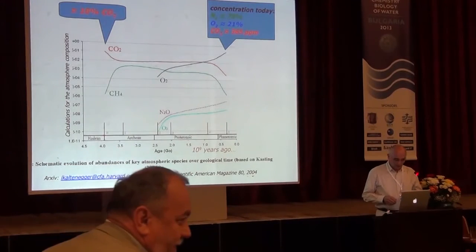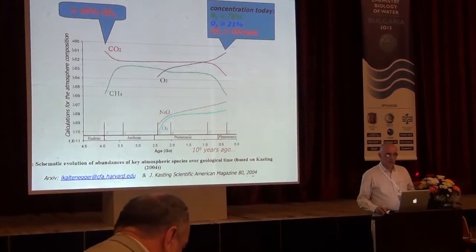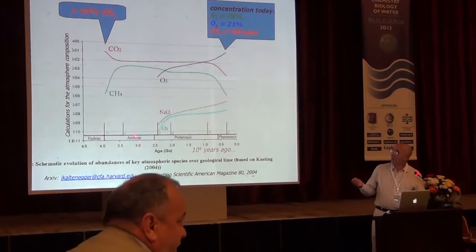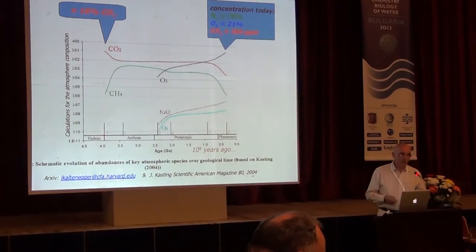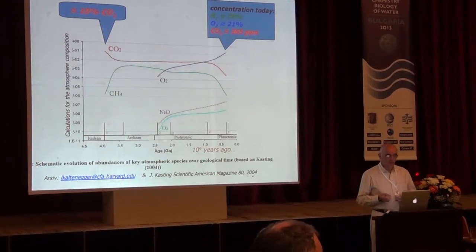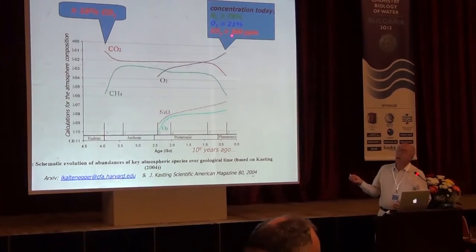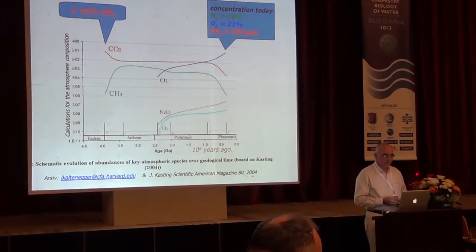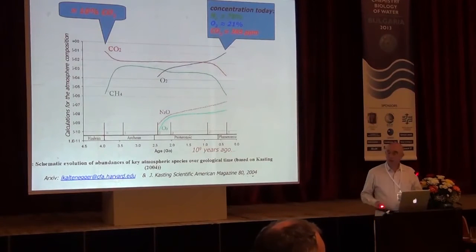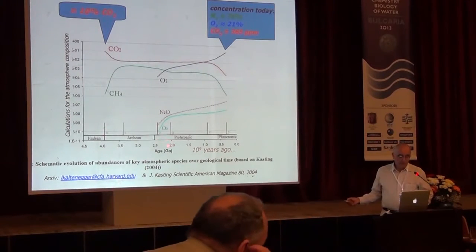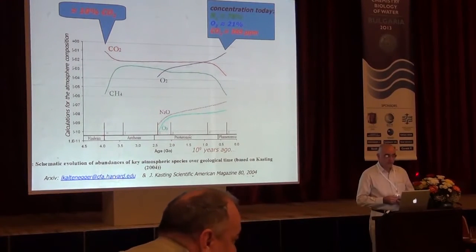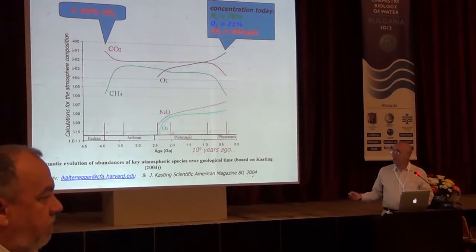Well, 4 billion years ago, the atmosphere had about 10% of CO2. Today we have only about 500 ppm. It's very little. And 2 billion years ago, oxygen started to be produced on Earth.